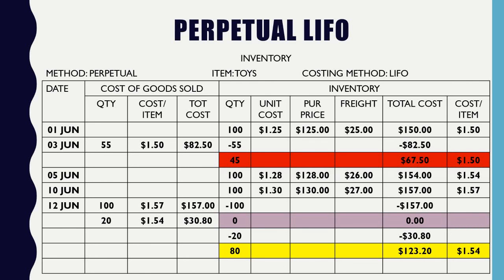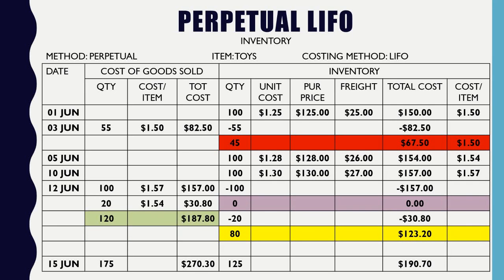If I look at my scenario, it should tell me I have 125 items left in my inventory, which I do: 45 from my red, 80 from my yellow. I now have 125 left in my inventory on hand. So, good for me so far?